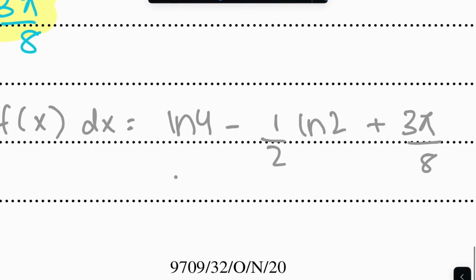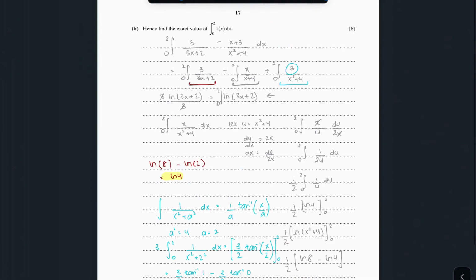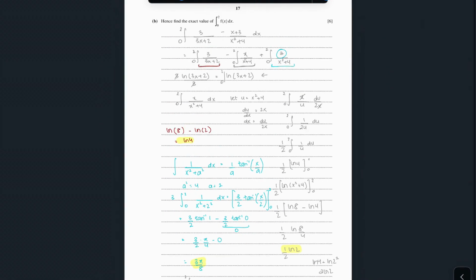Now we could write 2 ln 2 minus half ln 2 plus 3 pi over 8, and 2 minus half will give us 3 over 2 ln 2 plus 3 pi over 8. So this is our most simplified version of the final answer for part B.